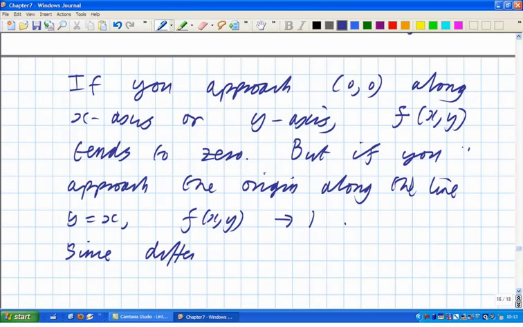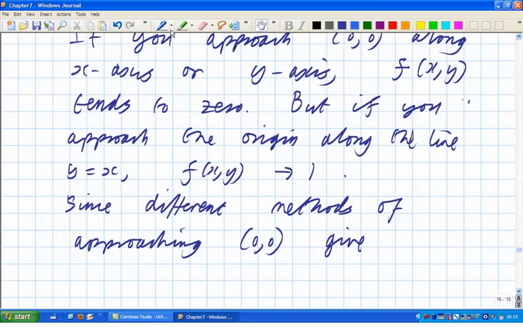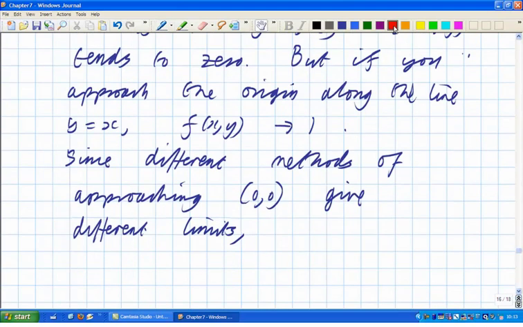So different methods of approach to the origin give you different limits. The conclusion is that the general limit as you approach the origin does not exist.